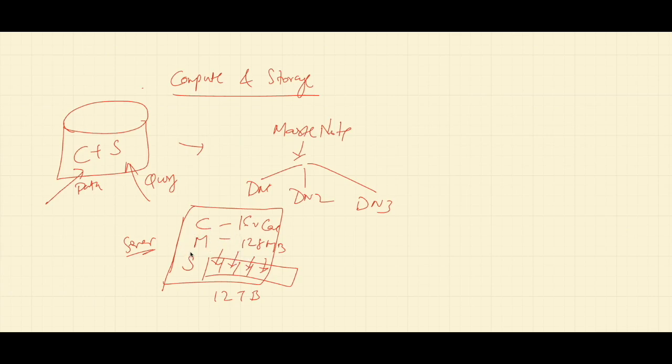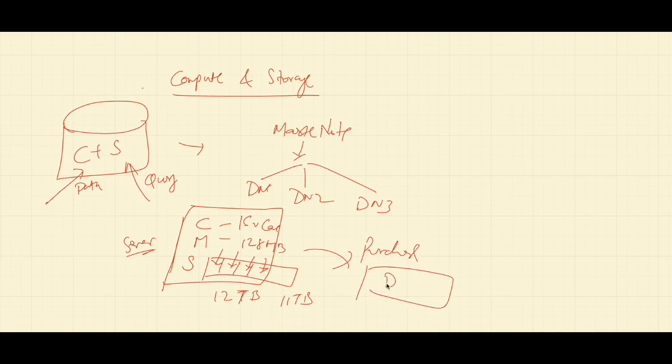Because compute, storage, and memory were all tightly coupled, you were not able to scale them independently. What I mean by that is, let's say you have 12 TB and 11 TB is almost utilized. If you want to add 2 TB additional, you could not do that because the maximum size was 12 TB. So you had to purchase another data node.